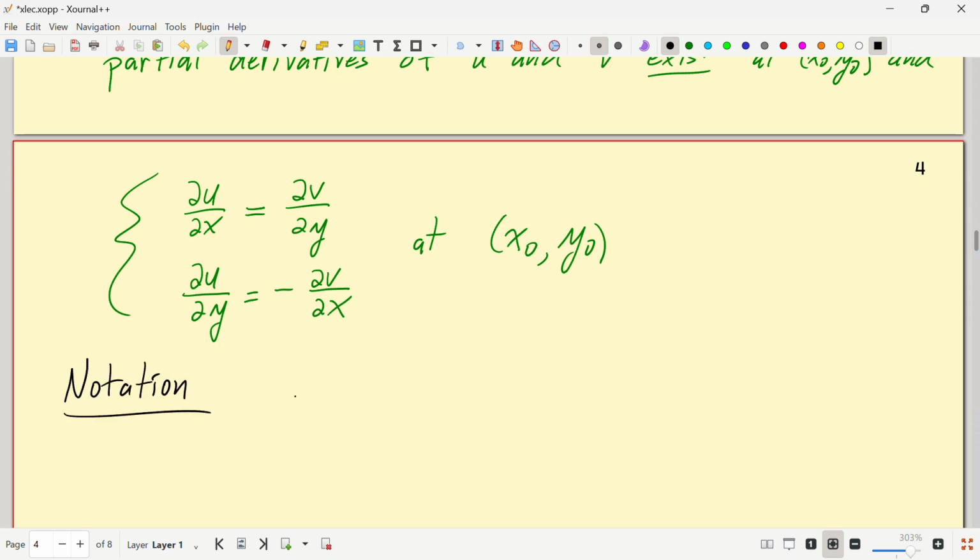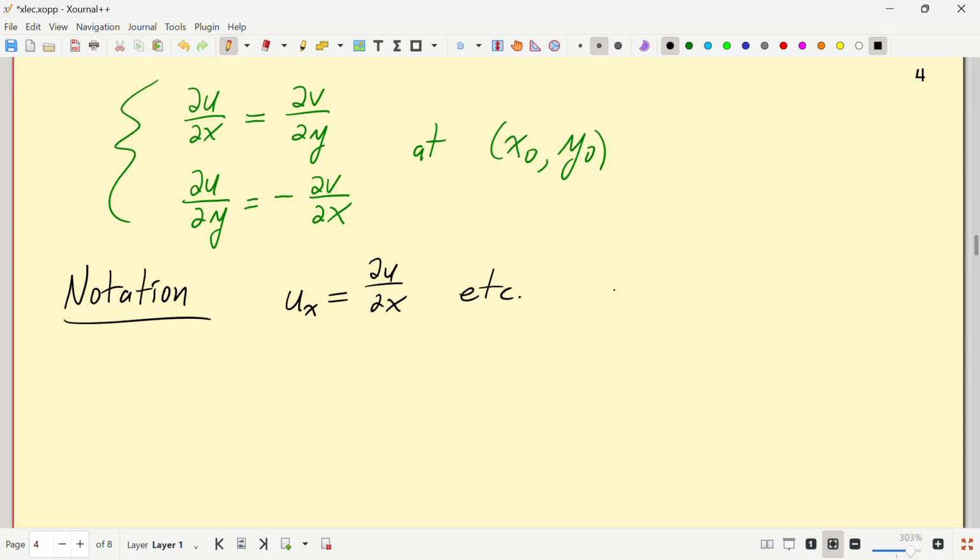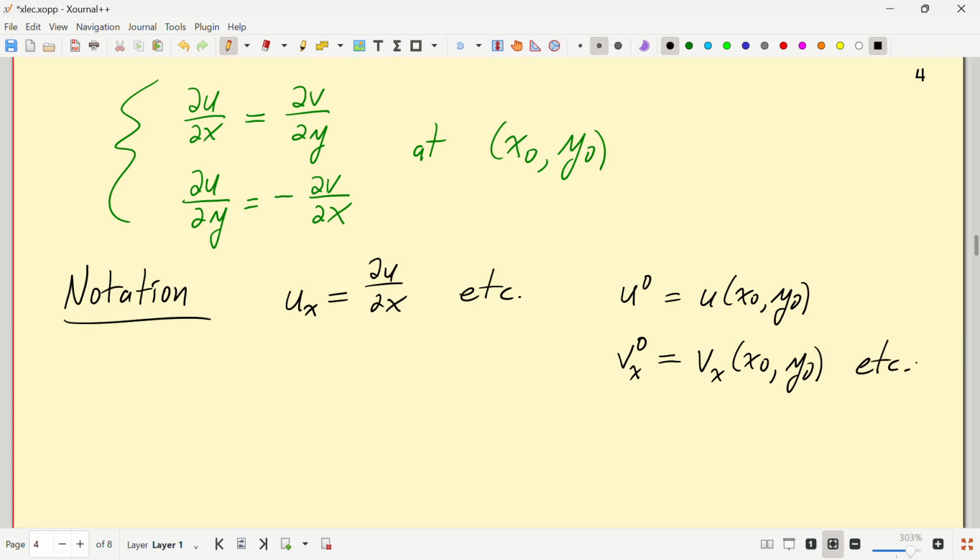Standard notation is that subscript, u sub x, means du/dx, etc. I'll also use a shorthand notation that u super naught is u at x naught, y naught, and dv/dx super naught is dv/dx at x naught, y naught, etc. That'll make the writing go by more quickly.